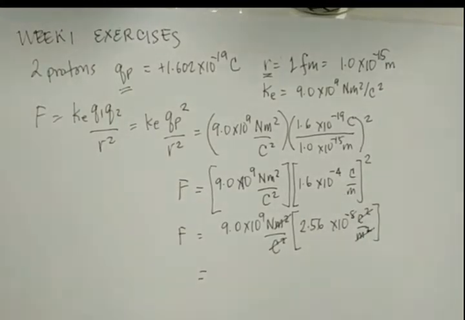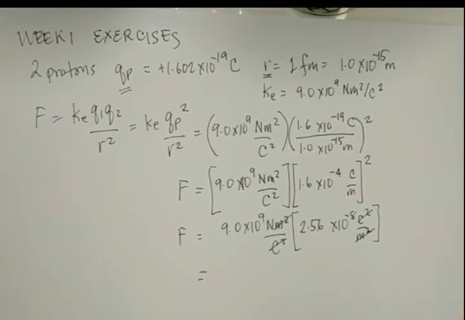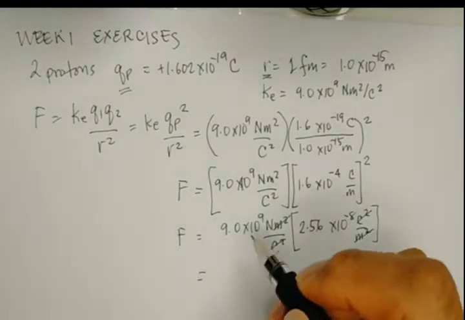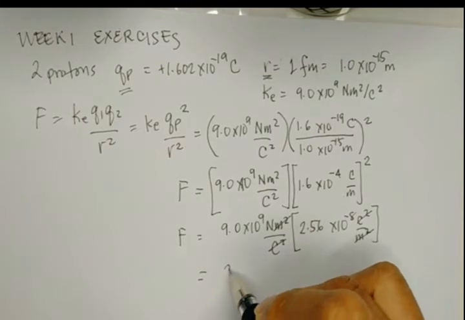Now, what is the value of 9 times 2.56? So 23.